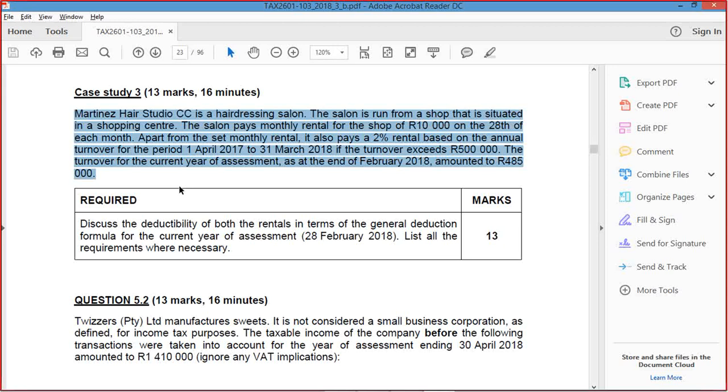Martinez Hair Studio CC is a hairdressing salon. The salon is run from a shop that is situated in a shopping center. The salon pays monthly rental for the shop of 10,000 Rand on the 28th of each month.